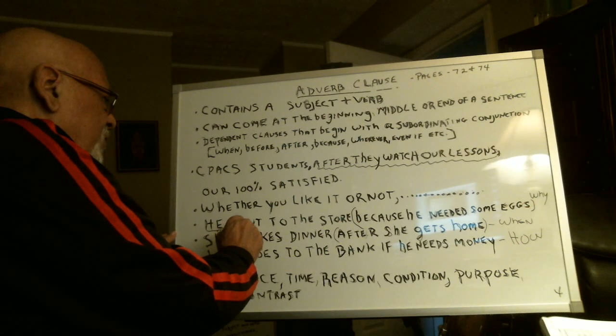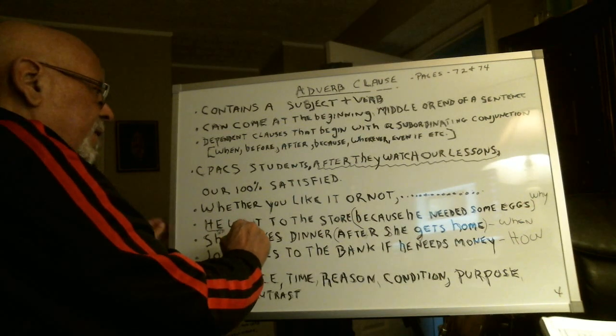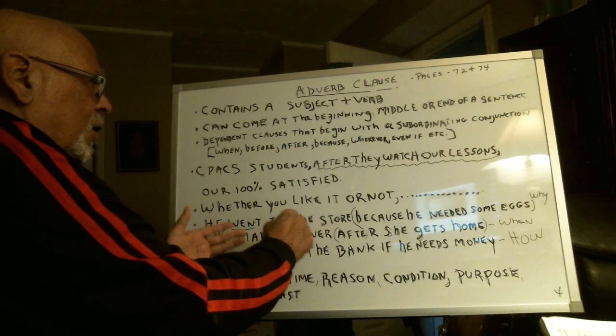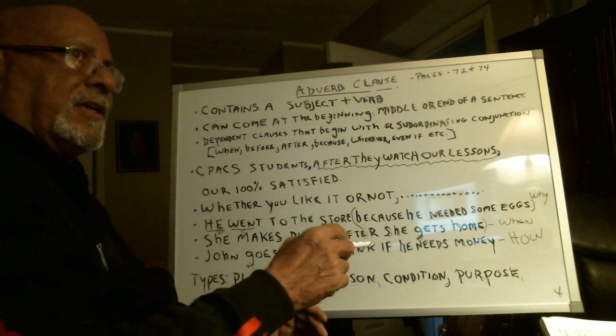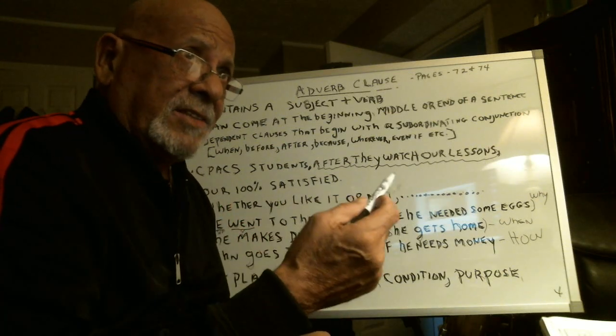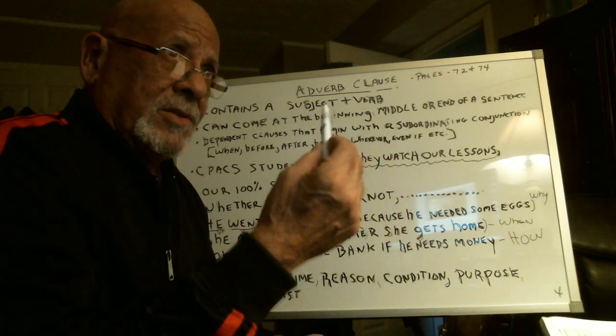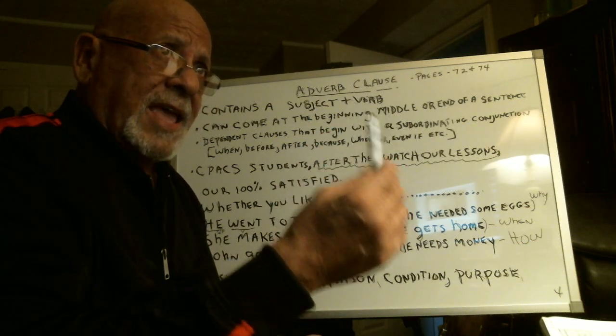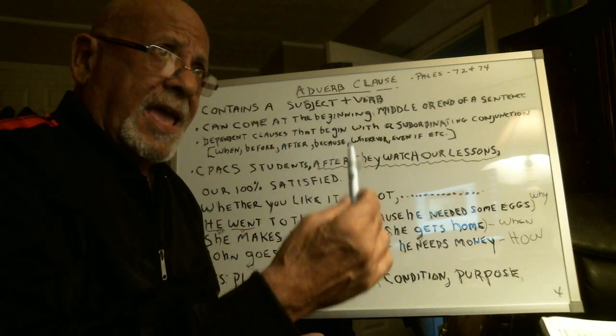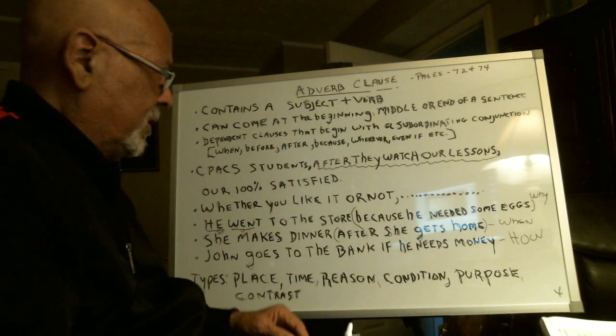Went is a verb. To the store. Went to the store is a predicate. It's a sentence in itself. You could put a period there. But no, it doesn't have a period. It has an adverb clause.